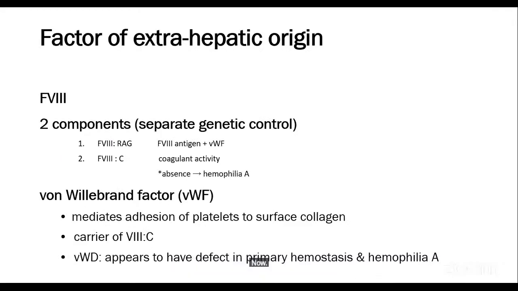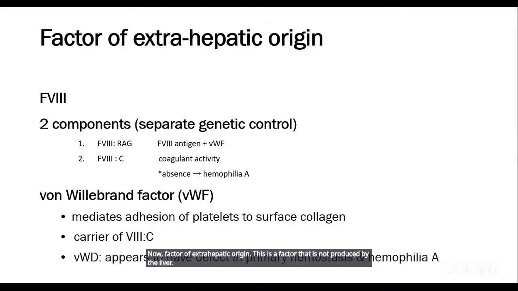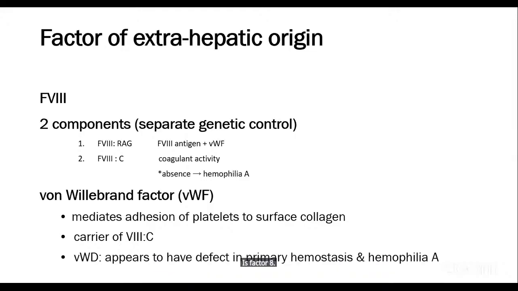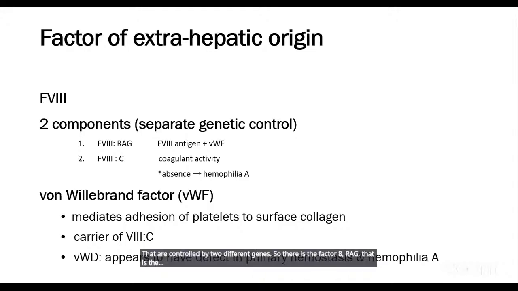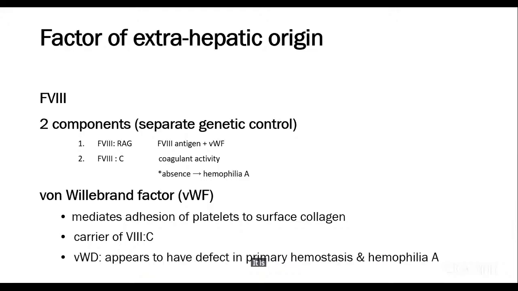Now, factor of extrahepatic origin. This is a factor that is not produced by the liver, which is factor 8. Factor 8 has two components that are controlled by two different genes. So there is the factor 8 RAG, a factor 8 antigen that is bound to von Willebrand factor.